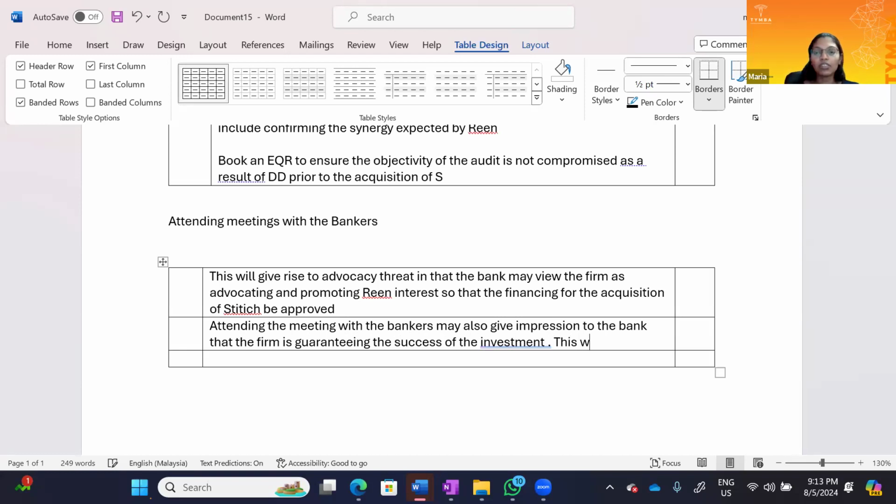So this will give rise to legal proximity.